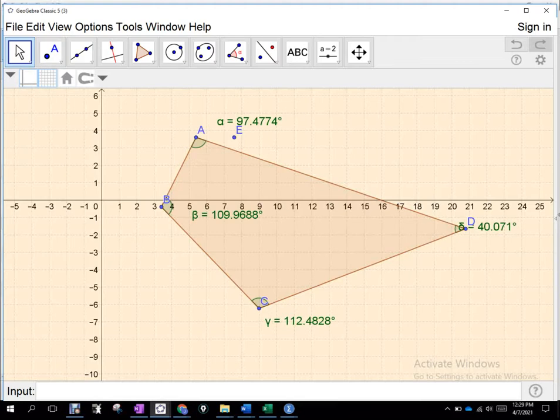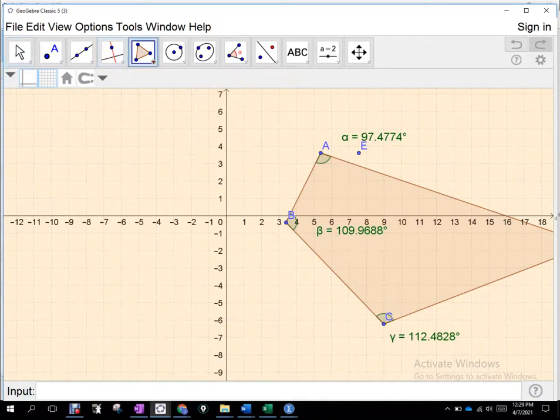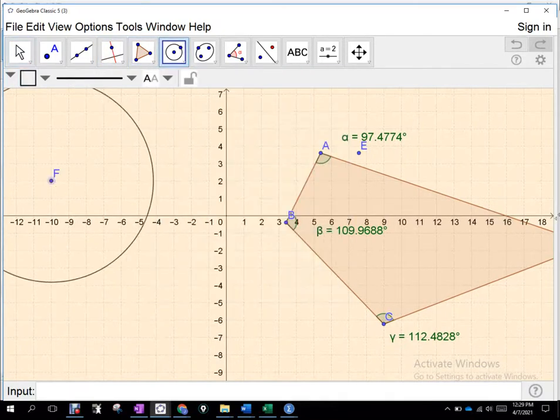Does 97 plus 112 equal 180? They're not, right?